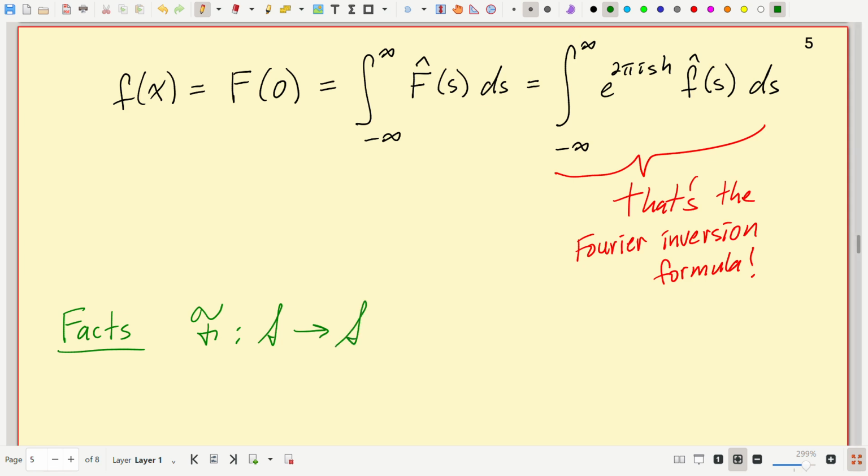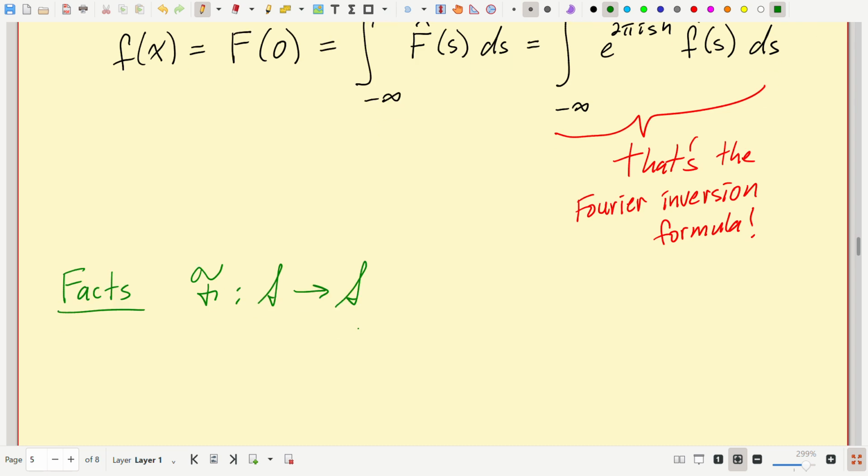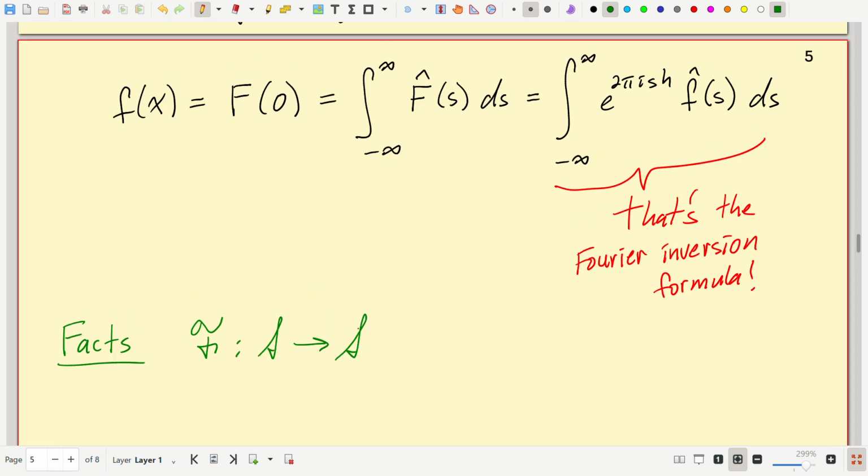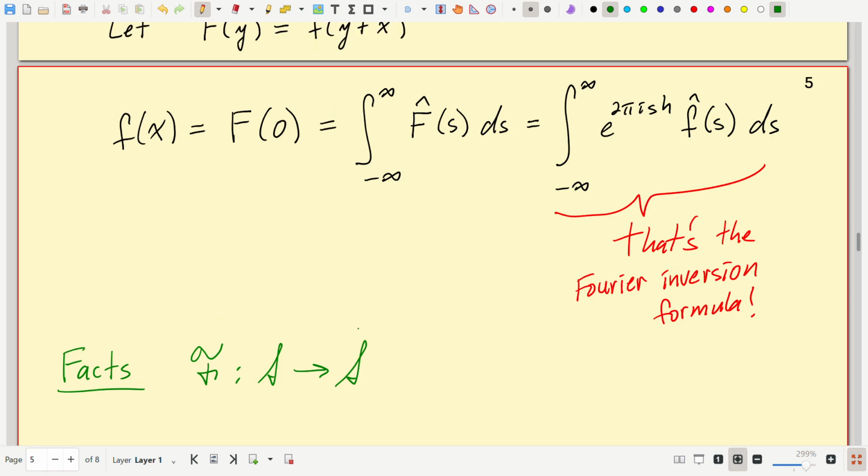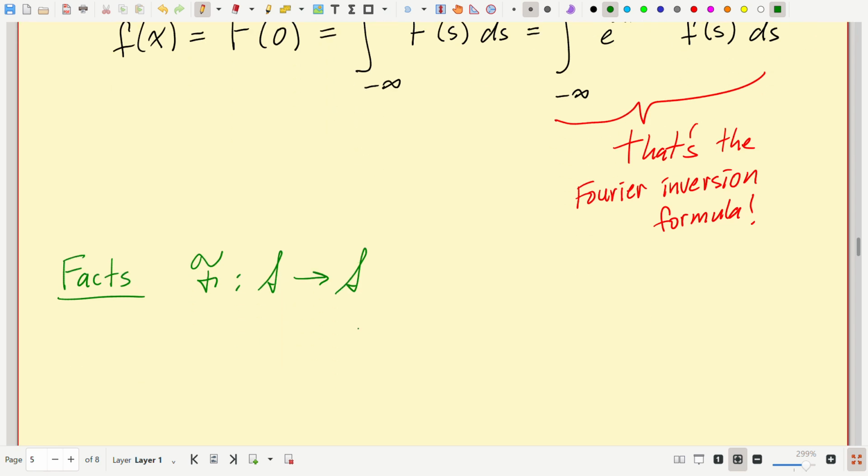And now we see that there's a Fourier inversion theorem, and the Fourier inversion formula looks just like the Fourier transform. And so, in fact, we just showed that Fourier inversion is very much the same thing.